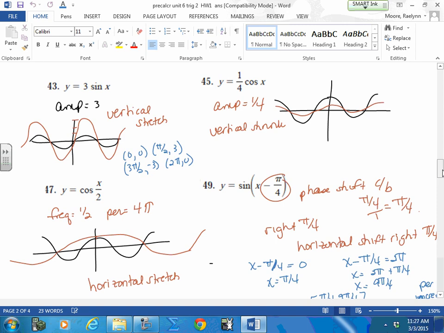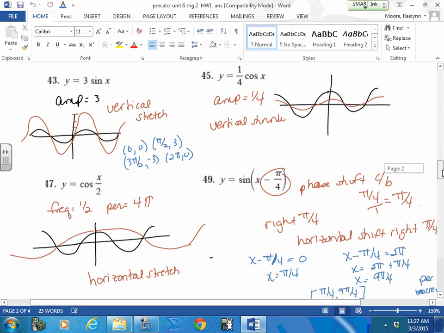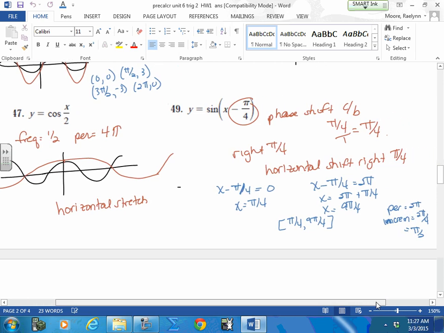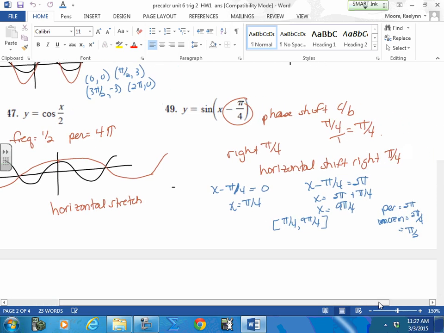And I didn't do this part with you, so we're going to do this part now in 49. You did a shift to the right, 45 degrees, pi over 4. Now, when you start your sine curve, here's your sine curve. If we're going to start it over here, it's going to do the same thing, but 45 degrees over.